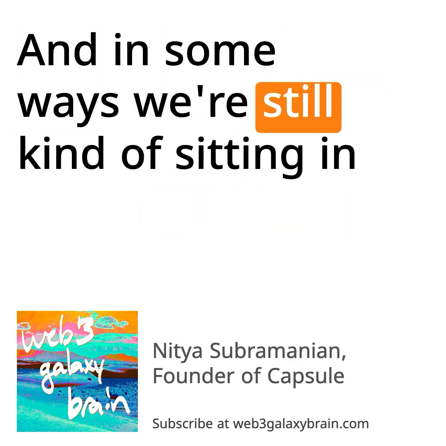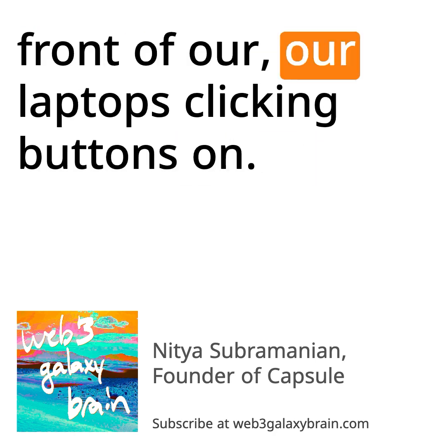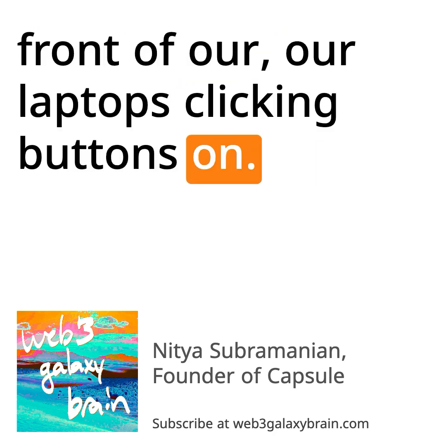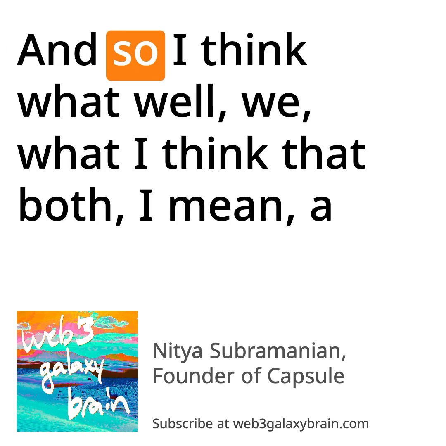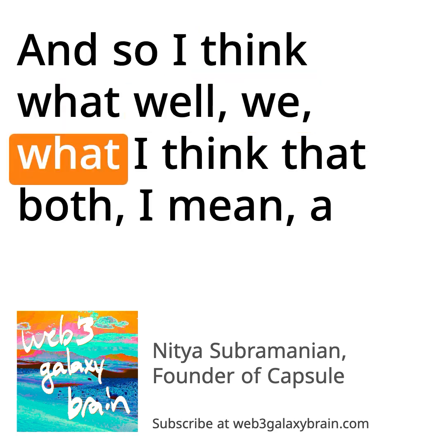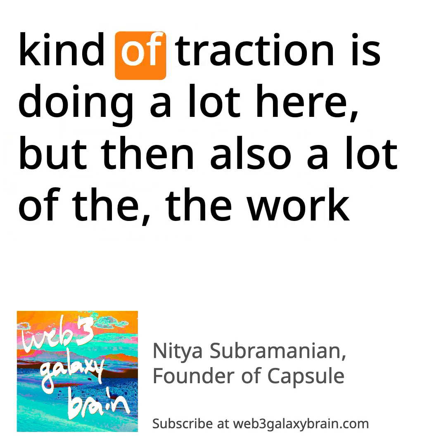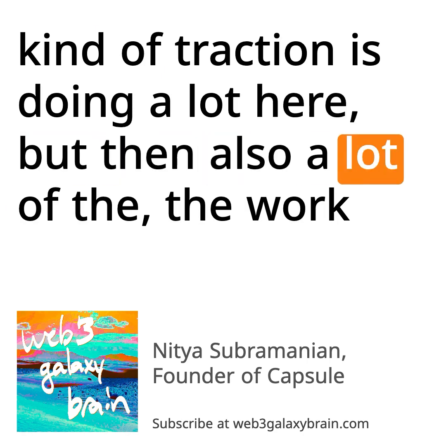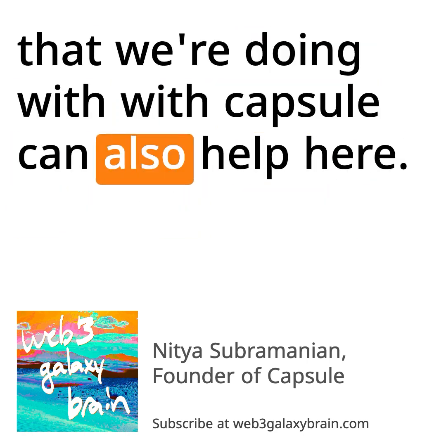In some ways we're still sitting in front of our laptops clicking buttons based on calendar events. I think account abstraction is doing a lot here, but a lot of the work that we're doing with Capsule can also help here.